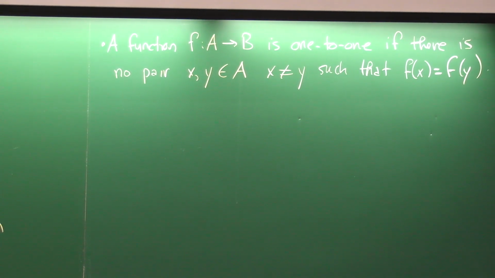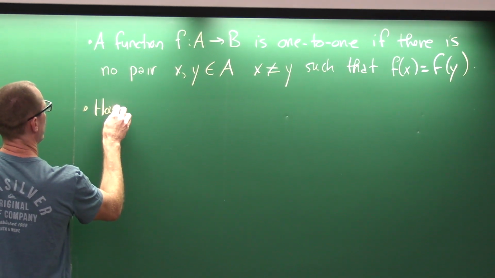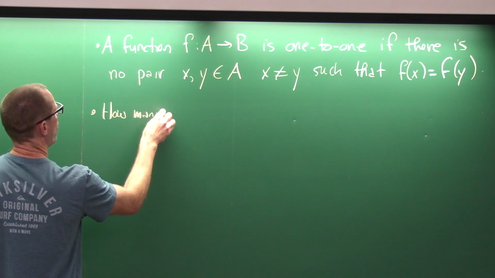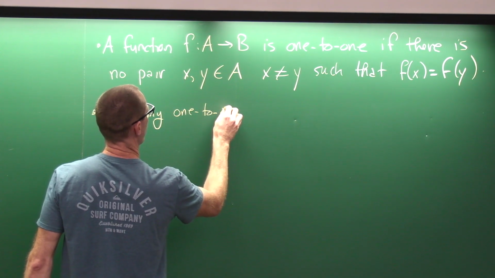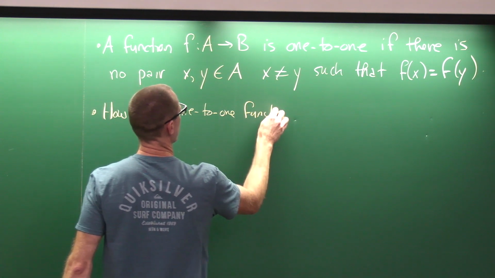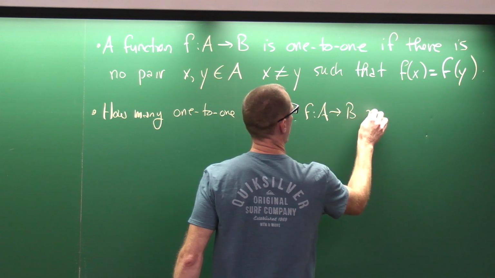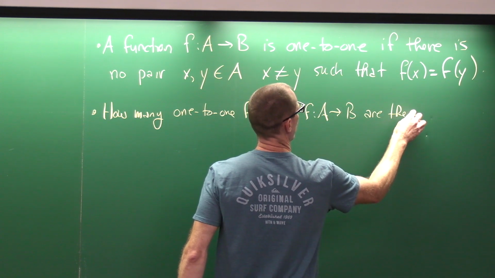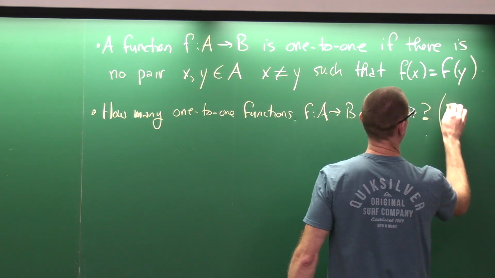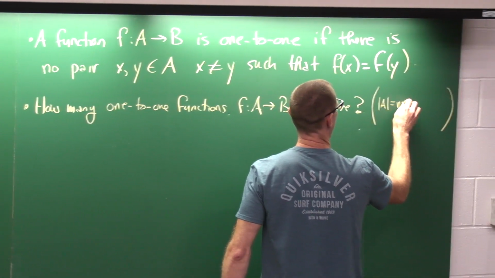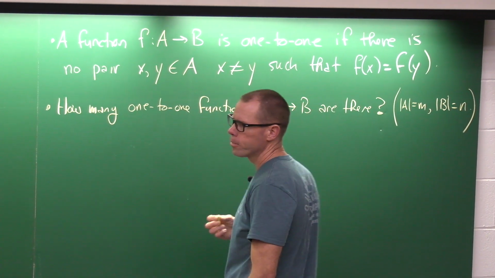And then the question is, how many 1 to 1 functions from A to B are there? Same setup as the previous question. Size of A equals m, size of B equals n.